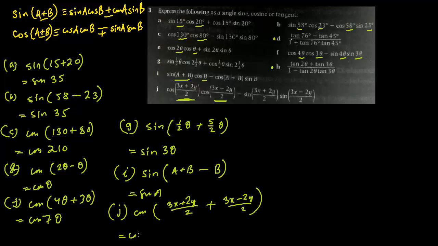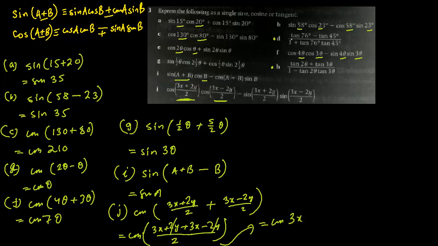So this is going to be cos. If we take 2 as the LCM, this would be 3x plus 2y plus 3x minus 2y. So what's going to happen? 2y and 2y are going to cancel off, and we have left 6x by 2. So 6x by 2 is going to be cos 3x.